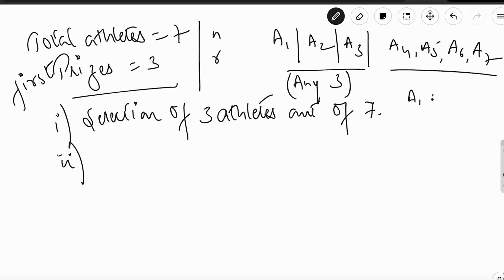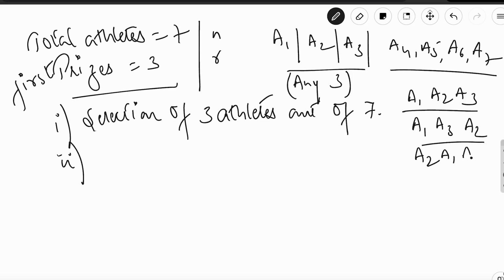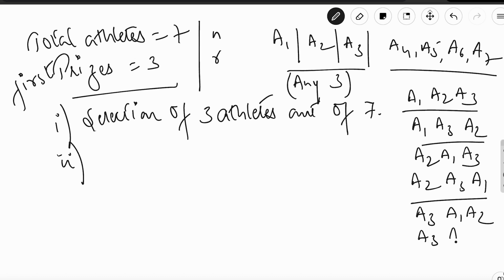Next, once we select these 3 athletes, the prizes could be given in the order A1, A2, A3, or in the order A1, A3, A2, or A2, A1, A3, or A2, A3, A1. If we have A3 first, we can have A3, A1, A2 or A3, A2, A1. So there are multiple possibilities.